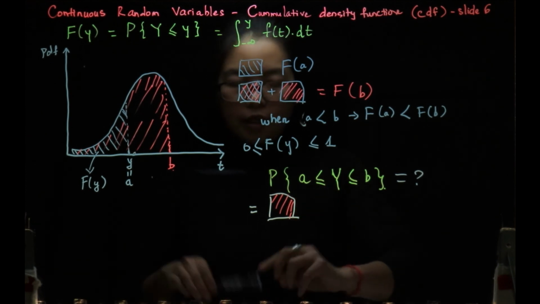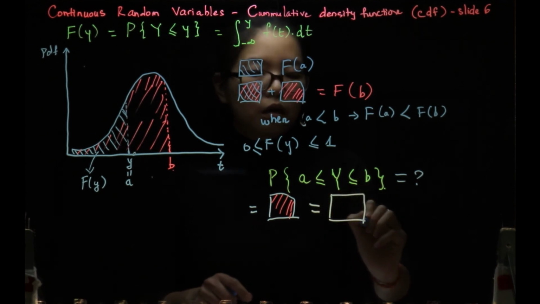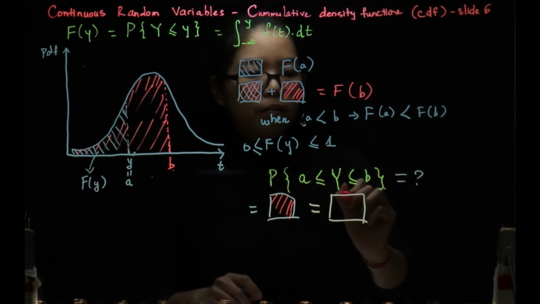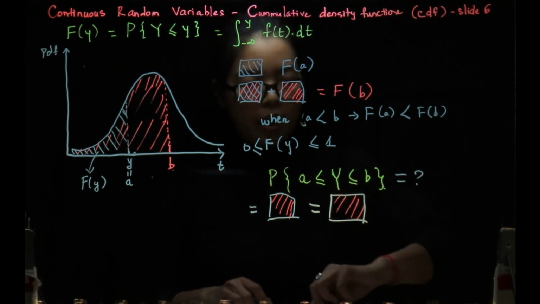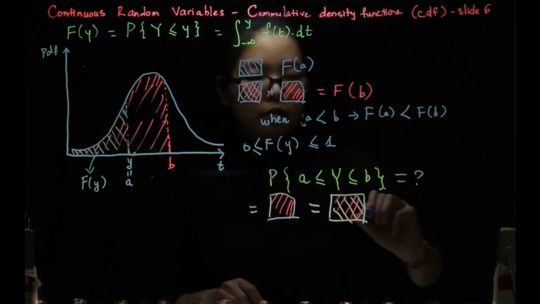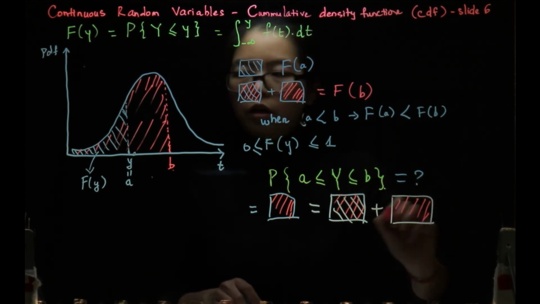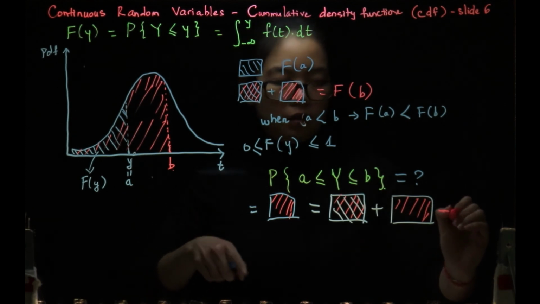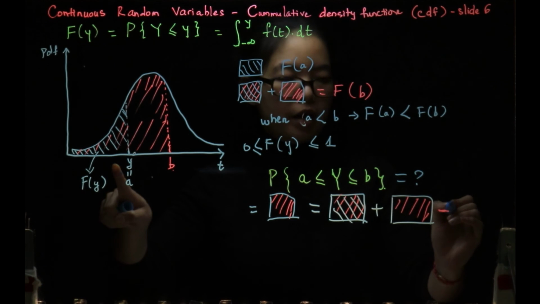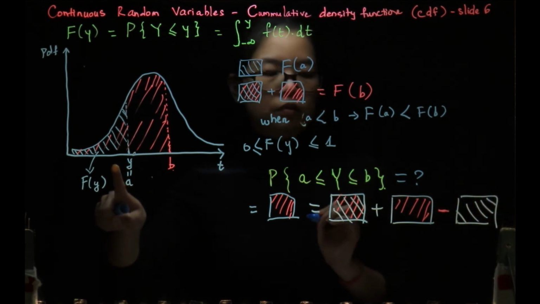So it actually equals this area, right? The entire area below the curve up to B minus the area up to A. Right?